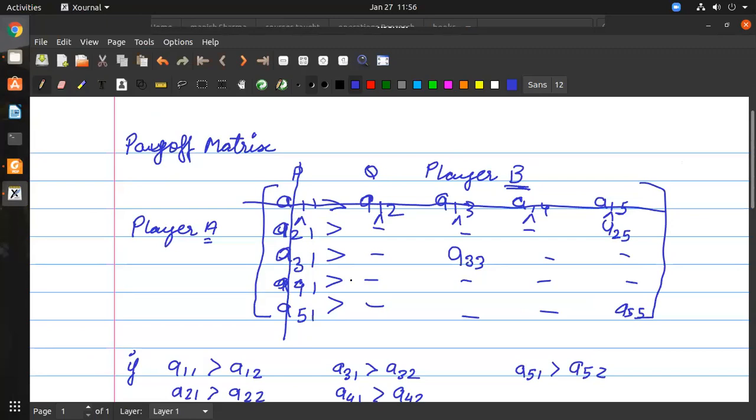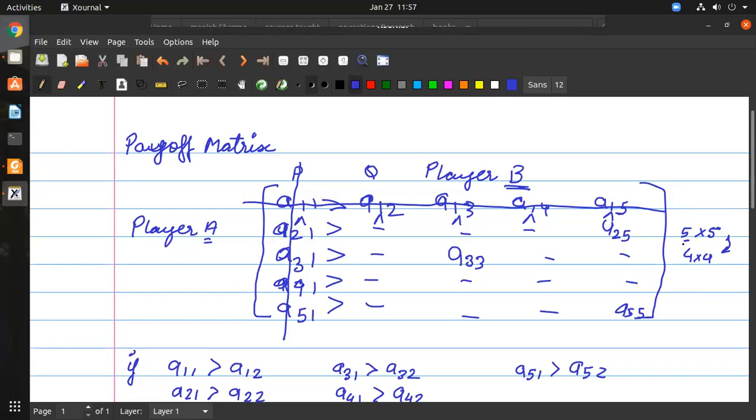If we eliminate this column and this row, what will be the new size of the matrix? It will become 4 by 4 rather than 5 by 5. Is it or not? So you have reduced one strategy from each player. Sometimes only one strategy from one player may be reduced.